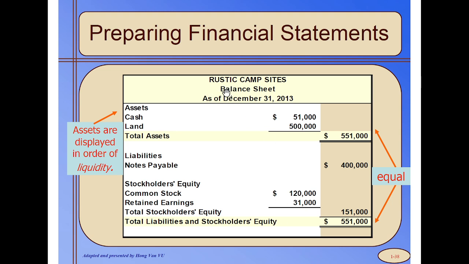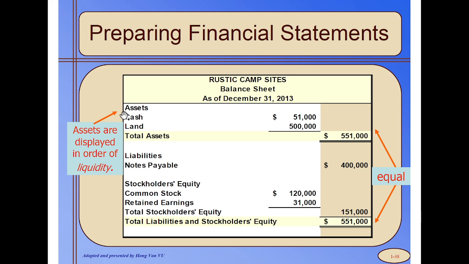If you look at the balance sheet in this way, we call it a vertical format. For the assets, we can see that the company has two kinds of assets: the first is cash and the second is land.